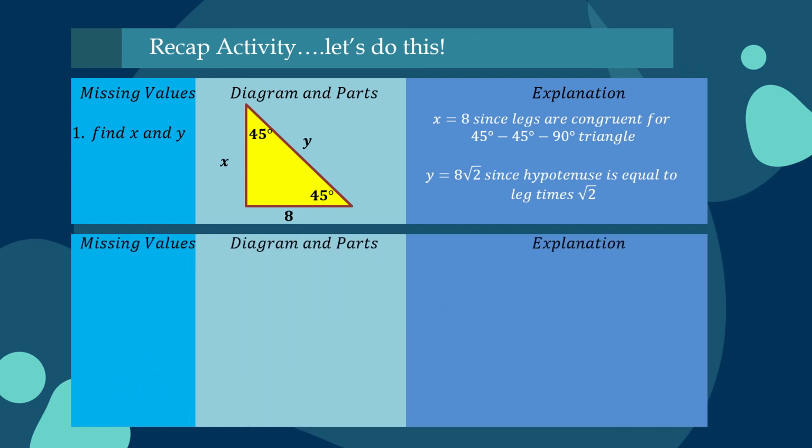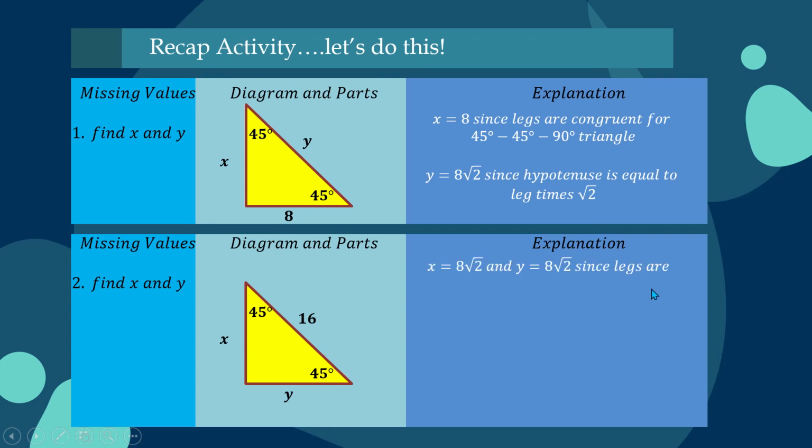Second example. Find the value of x and y using the 45-45-90 degree right triangle, missing the two legs, x and y, and given is the hypotenuse 16. So we will look for the two legs, x and y. How are we going to solve for that?